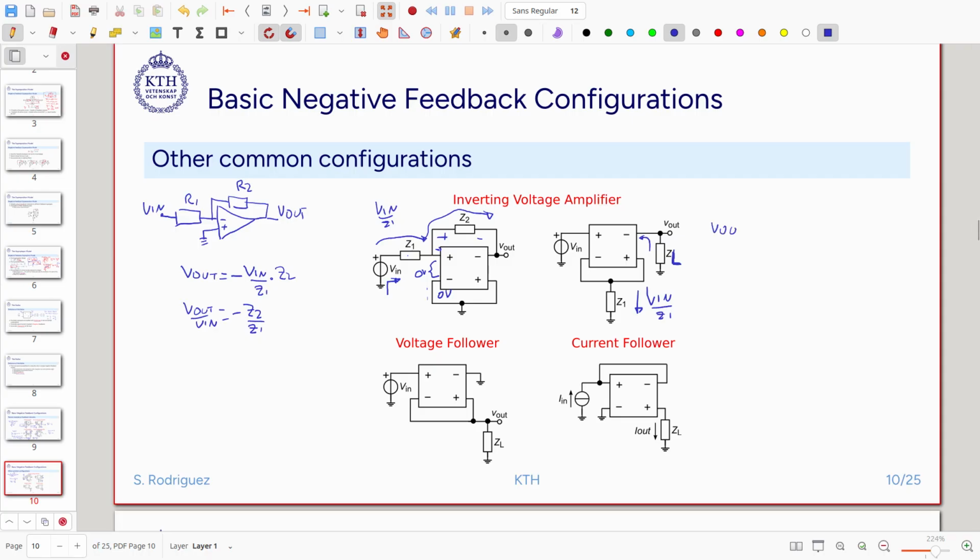So V out is going to produce a voltage drop in this direction. V out will be equal to minus V in divided by zeta 1 times zeta L, or the transfer function will be equal to minus zeta L divided by zeta 1. Also producing some inversion and amplification depending on the value of the resistors.